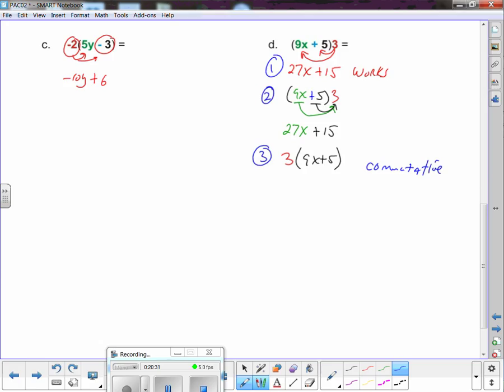She did that well. I like to just distribute right out of the parentheses, but most students don't like that. But hey, distributive or commutative property, now it's 3 times 9x, 27x, 3 times 5, 15. And sure enough, in all 3 methods, we get the correct answer, don't we? So I don't care which way you skin the cat, just skin him the right way. All right?